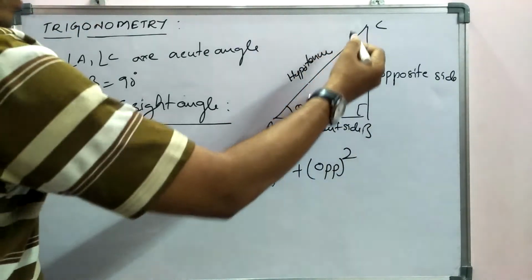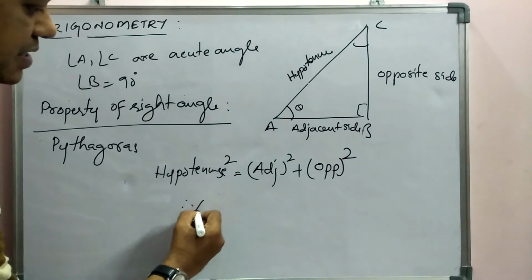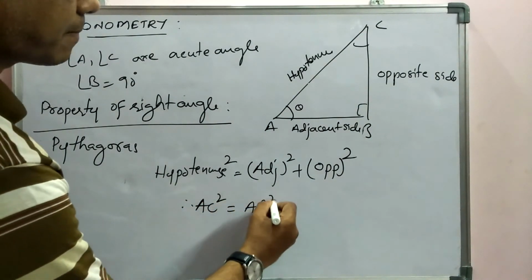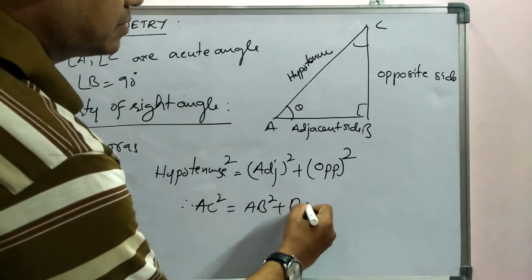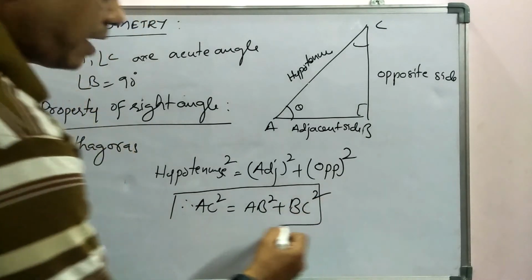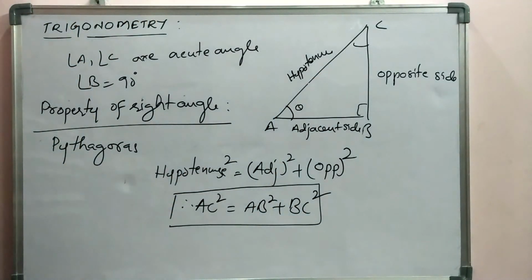That means hypotenuse square is the sum of the squares of the other two sides, which we can write as AC square is equal to AB square plus BC square. This is the Pythagoras principle. This happens only in a right angle triangle, not in other triangles.